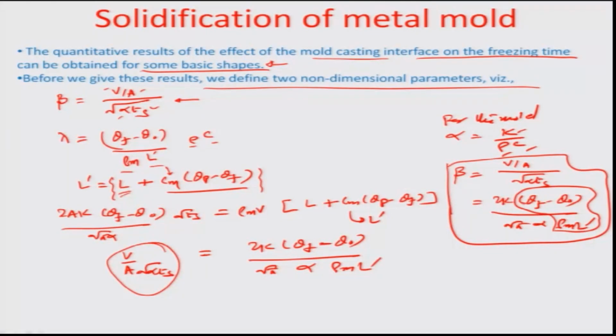If I were to multiply this, by expanding this term alpha as K by rho C, the K cancels out, and we have twice theta f minus theta 0 times rho C divided by root of pi rho m L dash.